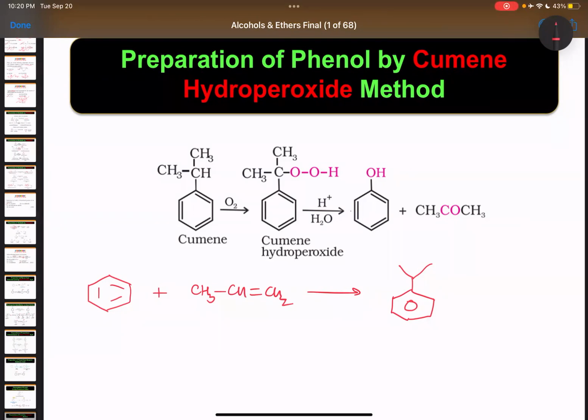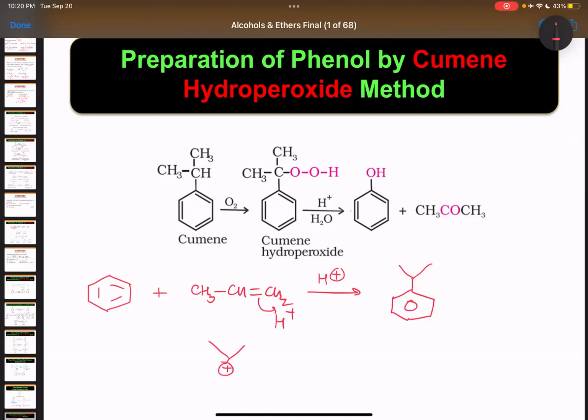So how can you bring in the cation here? You can take concentrated H2SO4 or just write H plus. So H plus is going to come and join on this, in the Markovnikov fashion, and you will have a cation in the middle.